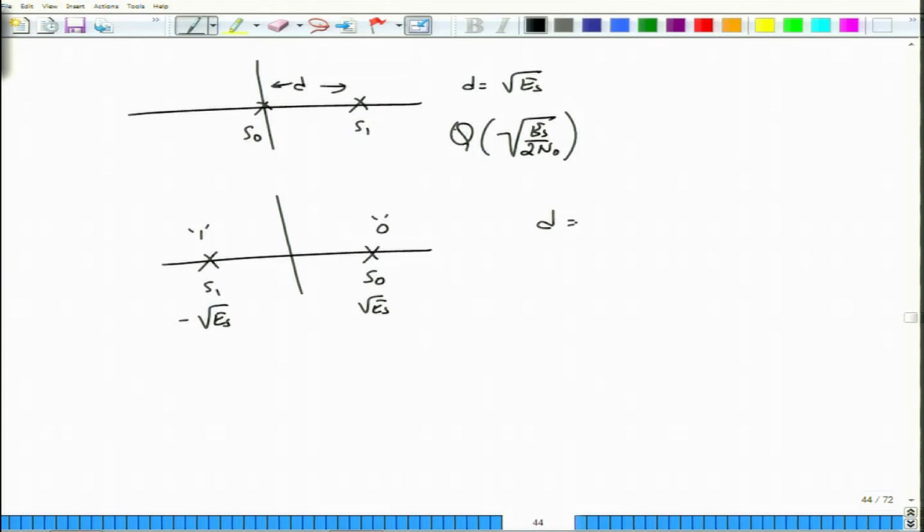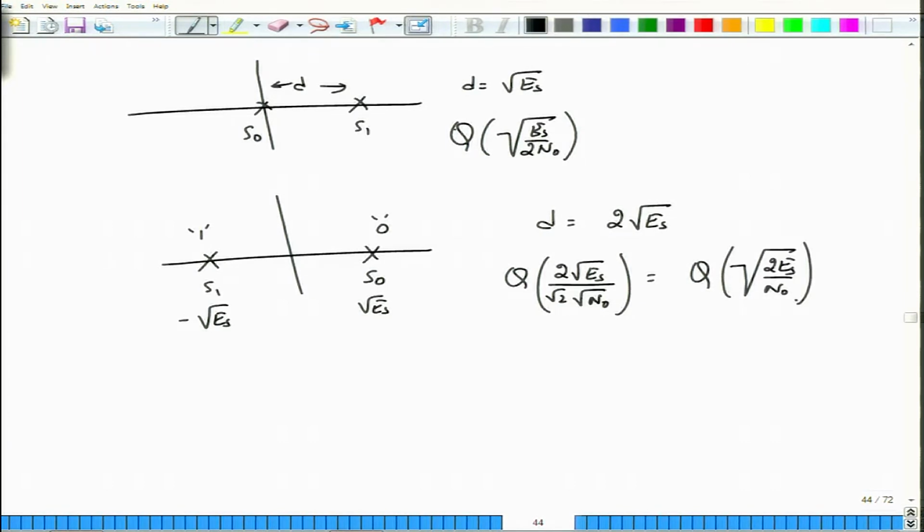Now, the catch here is that the distance is now given by 2 times square root ES, and when you plug into this expression of Q of d by this one, what you will actually see is that the distance is now 2 square root ES, and here you have square root of 2 times square root of N naught, which of course can be simplified by writing this as square root of 2ES by N naught.